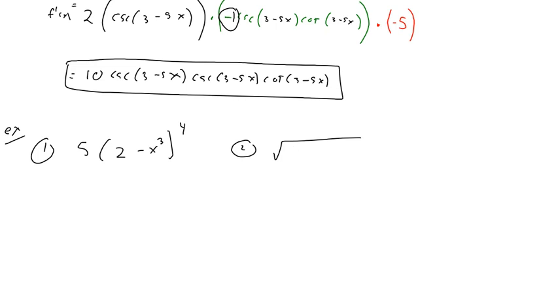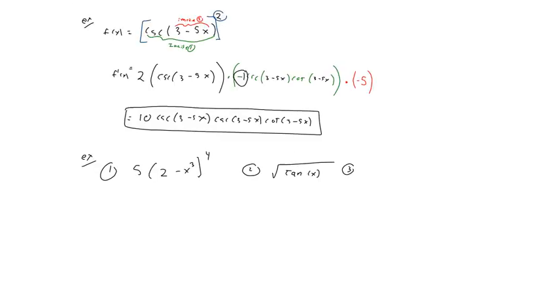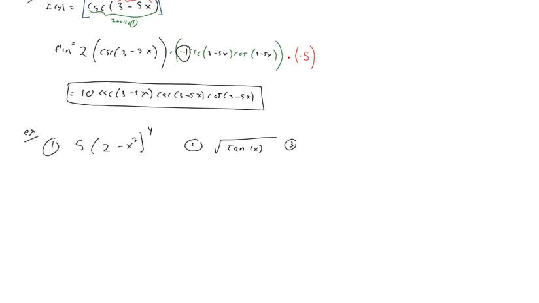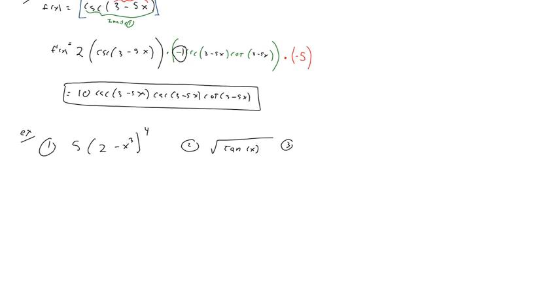Let's go with 4 secant squared of 3x cubed.